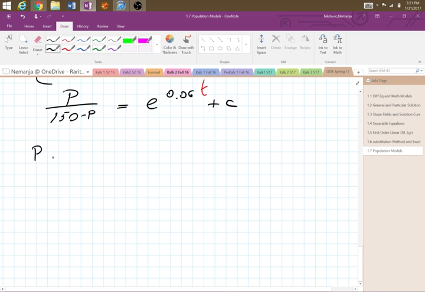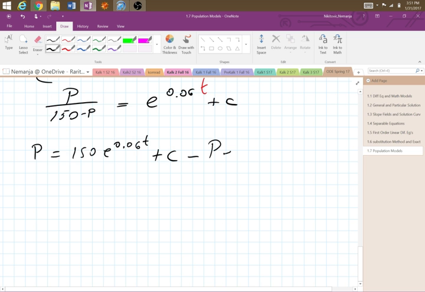So this is going to be P equals 150 e to the 0.06t plus c, when I multiply that, minus P e to the 0.06t plus c. 150 times this gives me that, plus c. 150 was absorbed into c, so no one cares.